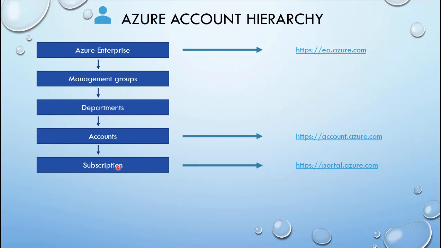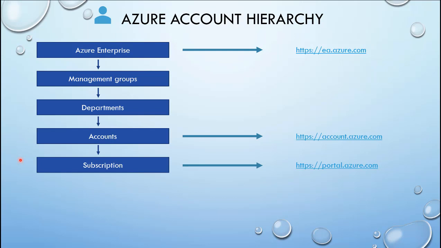Then we have subscriptions. So certain accounts have certain access to certain subscriptions. This is what you finally see as a user. So you're going to, as a John Doe, as a user, go to portal.azure.com, and then you're going to log in.